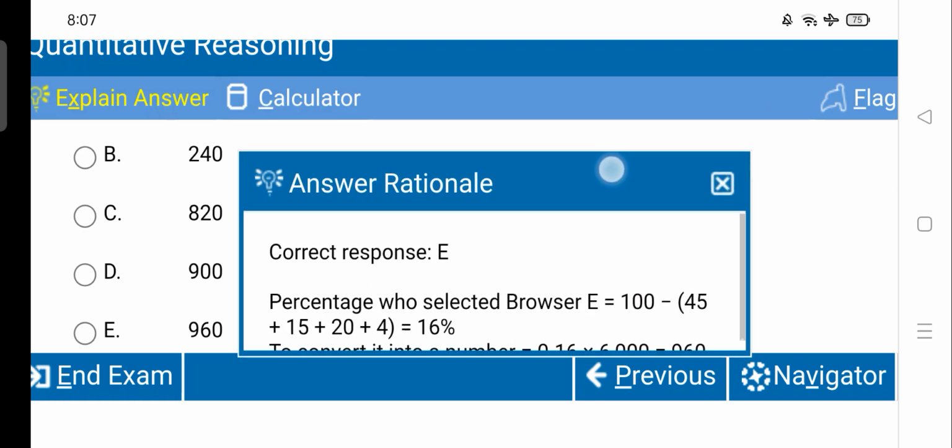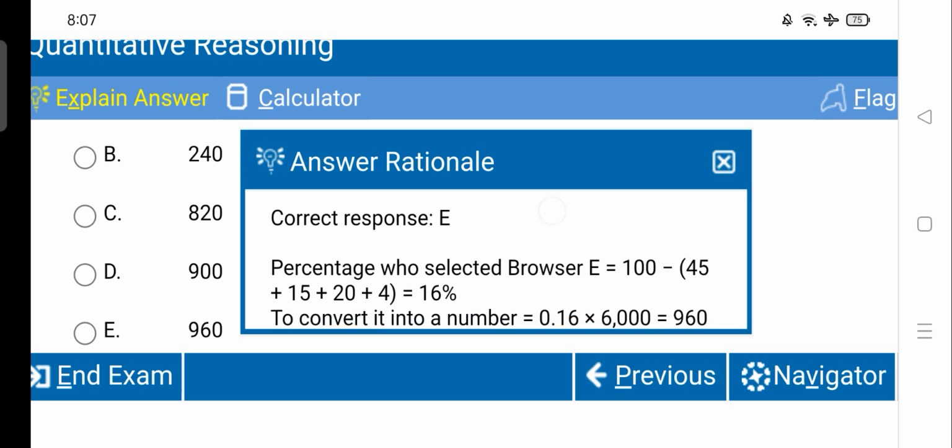So the correct response is option E. Percentage who selected browser E equals 100 minus (45 plus 15 plus 20 plus 4), which equals 16%.